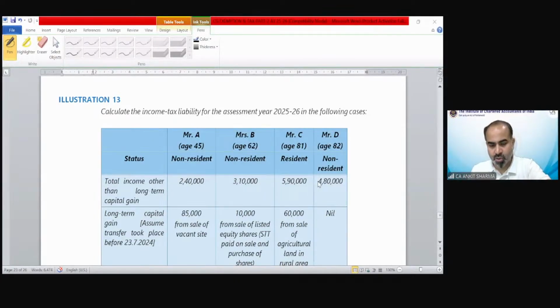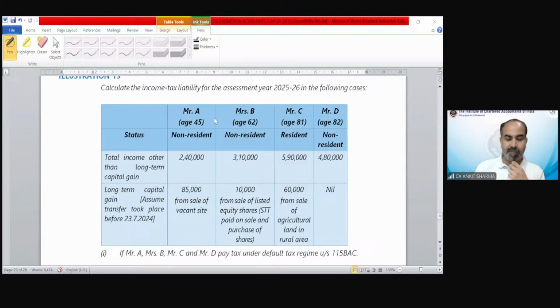Now let's solve this question one by one. I have the question also separately. Calculate the tax liability in the following cases. They are all separate 4 cases. Suppose Mr. A, age 45, non-resident. It is very important to know whether the person is a resident or non-resident.